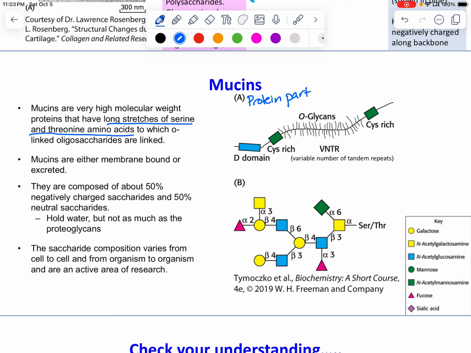So VNTR segment right here stands for variable number of tandem repeats. Essentially, all through here are a bunch of serine and threonine amino acids. And so those serine and threonine amino acids can make those O-glycosidic linkages.